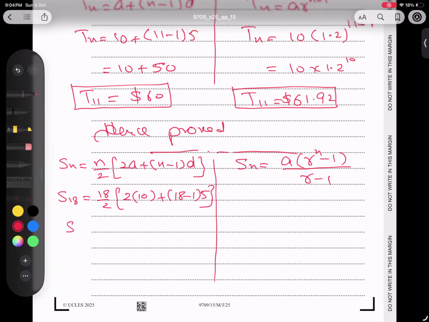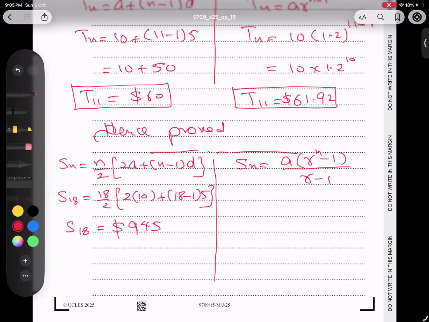I hope it is clear how I got it. This is 9, and if you type in the calculator 2 times 10 plus 17 into 5, it turns out to be $945. Done. Now, what about the other one?